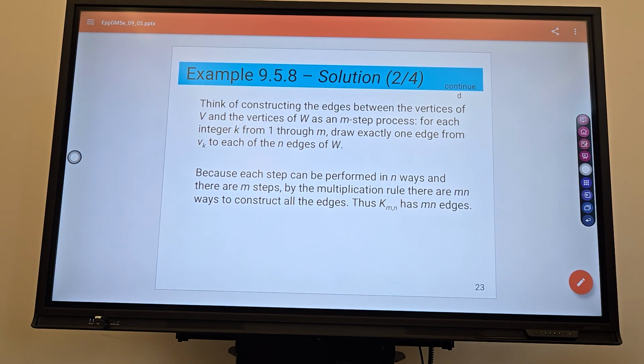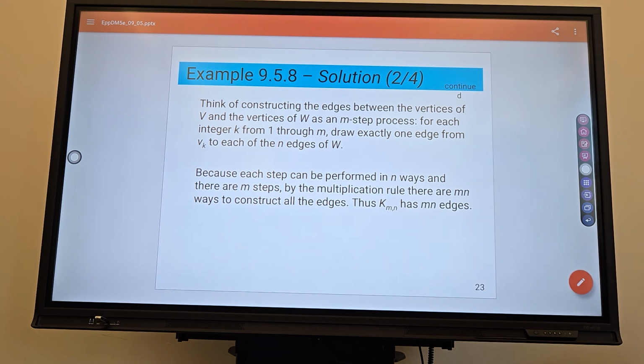Think of constructing the edges between the vertices of V and the vertices of W as an m-step process. For each integer k from 1 through m, draw exactly one edge from vk to each of the n vertices of W. Because each step can be performed in n ways and there are m steps, by the multiplication rule, there are m times n ways to construct all the edges.